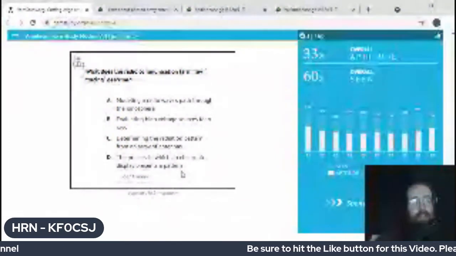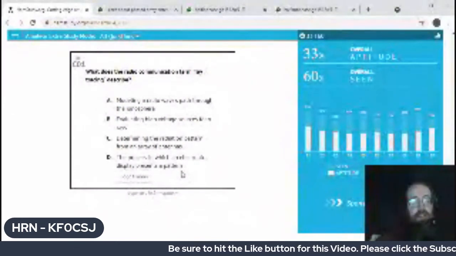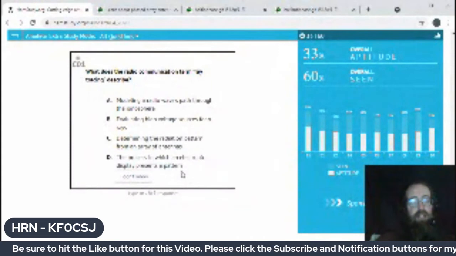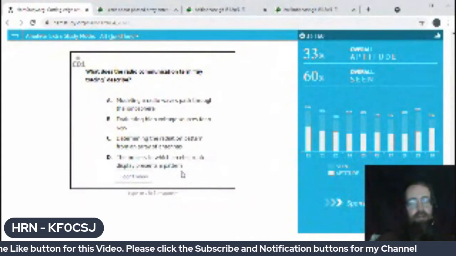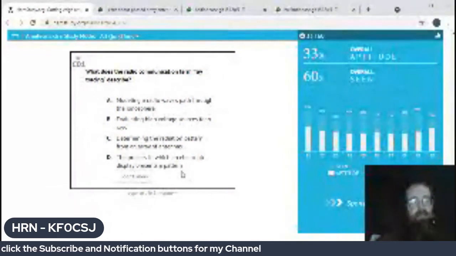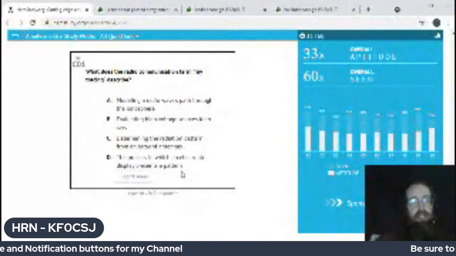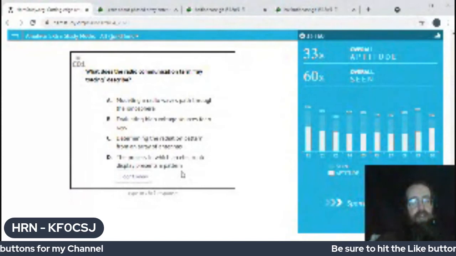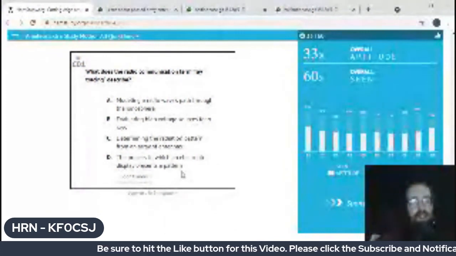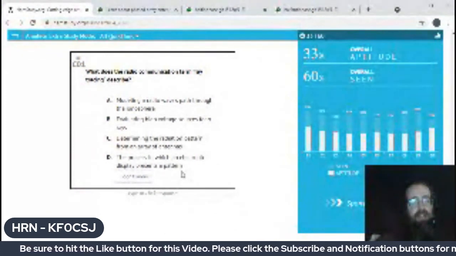What does the radio communication term ray tracing describe? A, modeling a radio wave's path through the ionosphere. B, evaluating high voltage sources for X-rays. C, determining the radiation pattern from an array of antennas.